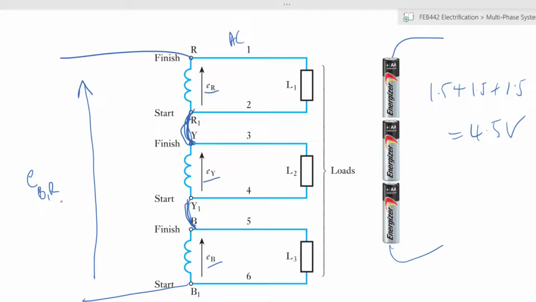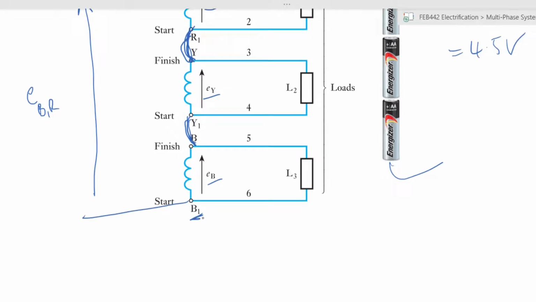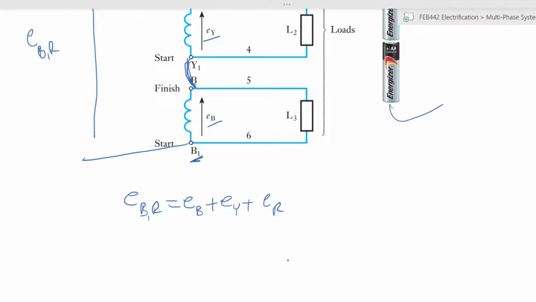EB1R is this point here and that point there, the 2 points through which they would be next to each other. Now, we would add them up by saying that EB1R is equal to EB plus EY plus ER, the sum of all three of the voltages.